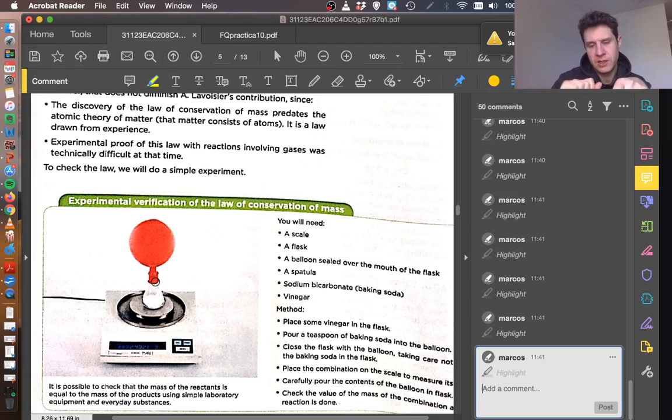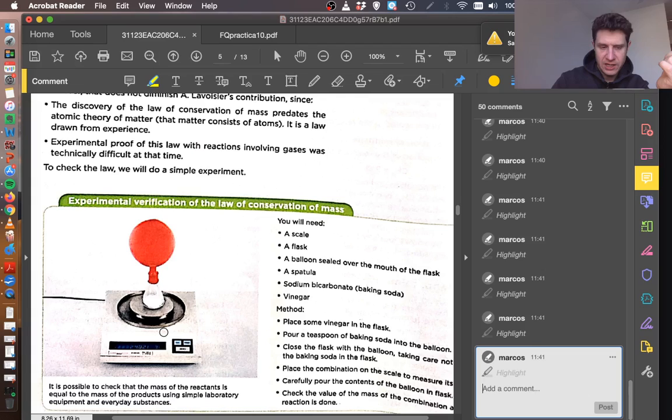We put the carbonate soda into the balloon and the vinegar in the flask. We join them together as in the picture, and the carbonate powder goes down, meets the vinegar, and the reaction generates CO2.